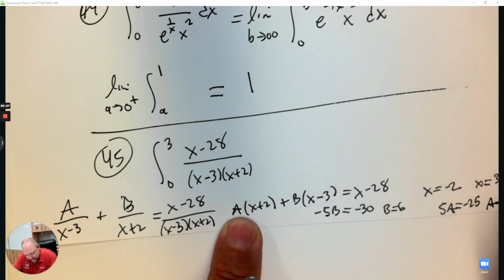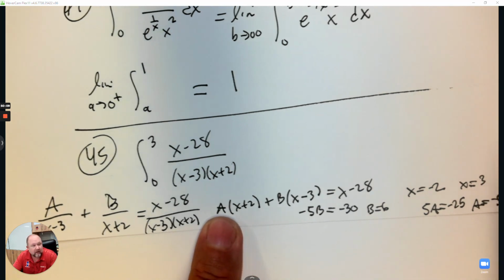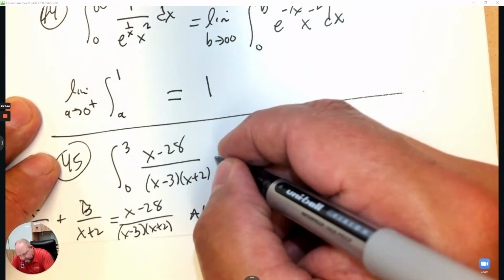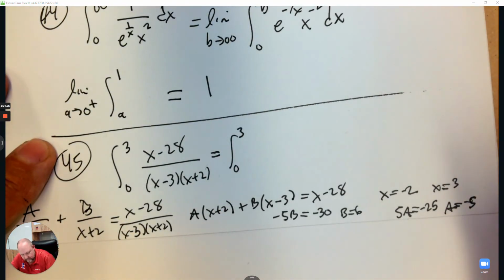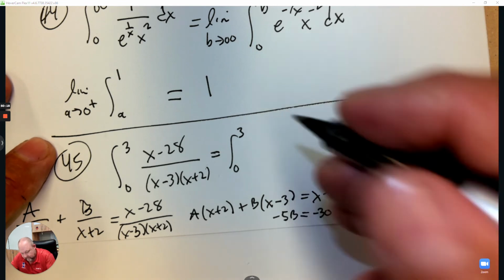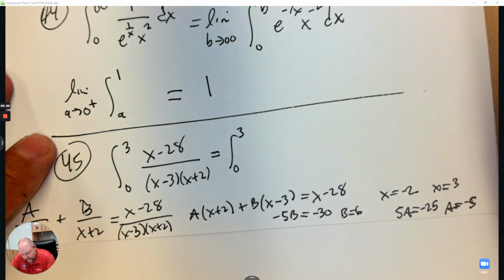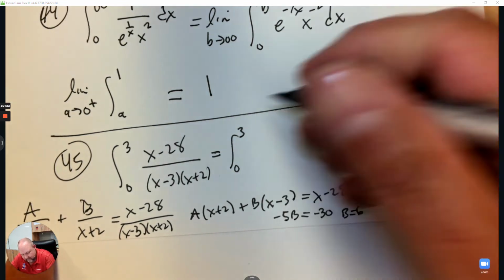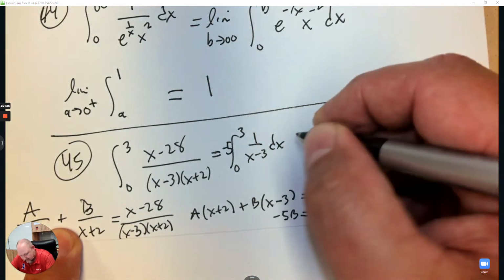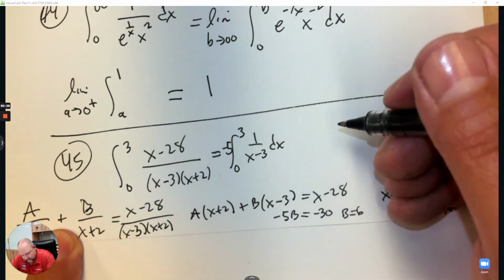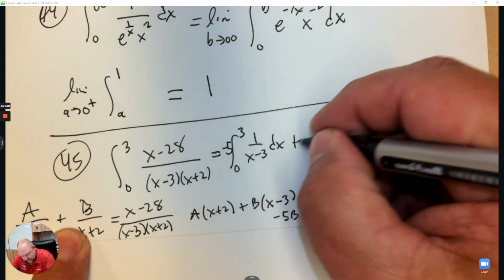That's a is equal to negative 5. All right, so we have a being negative 5. We have b being positive 6.